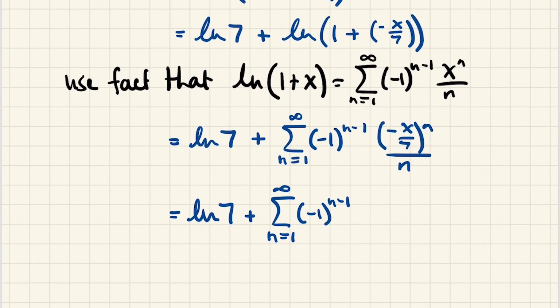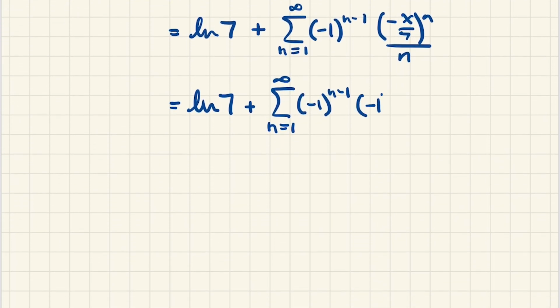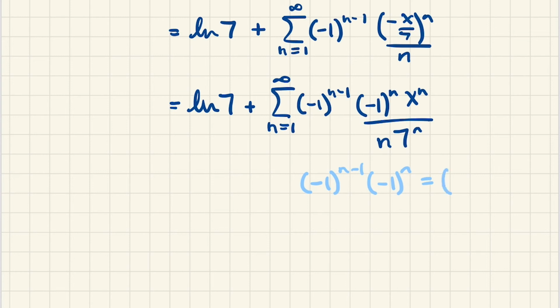Okay, so we'll distribute the n into all of these pieces. So we're going to get negative 1 to the n, x to the n, and this is all over n times 7 to the n. Well, what's the story here with these negatives all multiplied together? We have negative 1 to the n minus 1 times negative 1 to the n. If we add those exponents, we get negative 1 to the 2n minus 1.